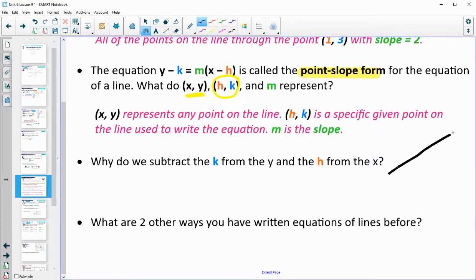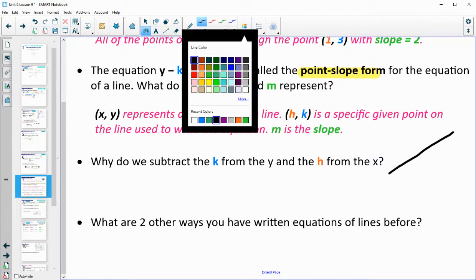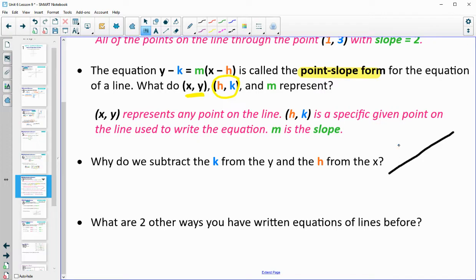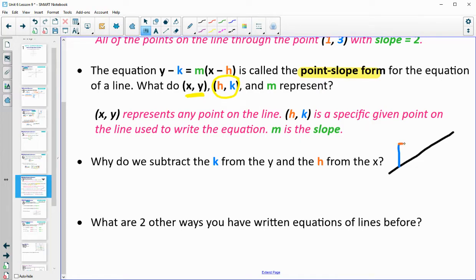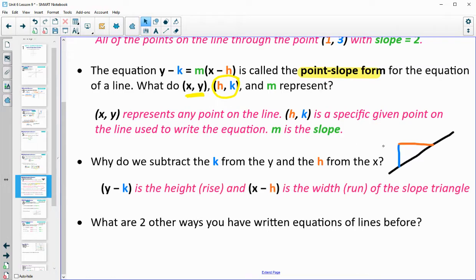If we look at this as a line, y minus k represented this vertical distance on the slope, and the x minus h represented our horizontal distance. So the y minus k is the rise, the x minus h is the run, and rise over run gives us the slope.